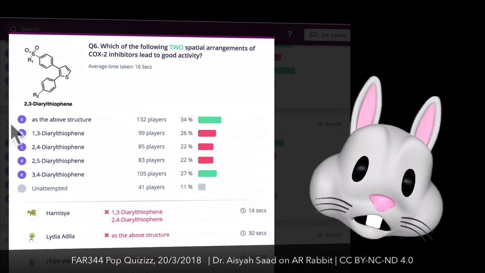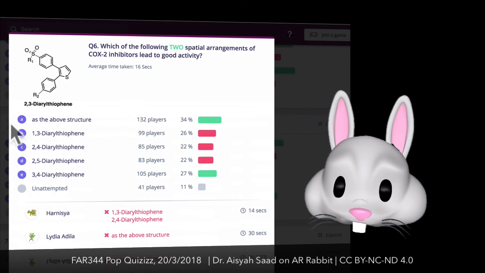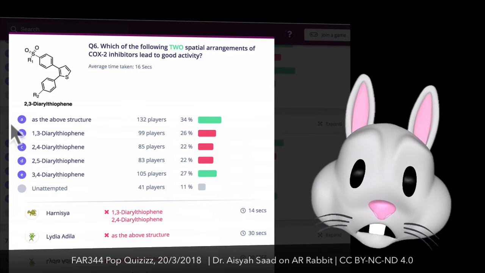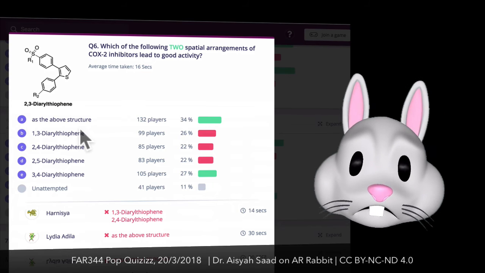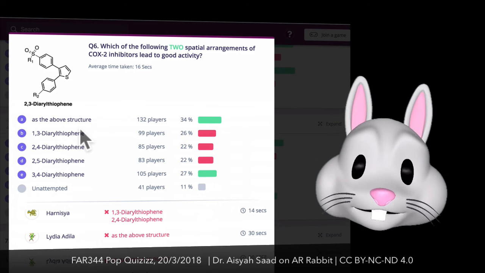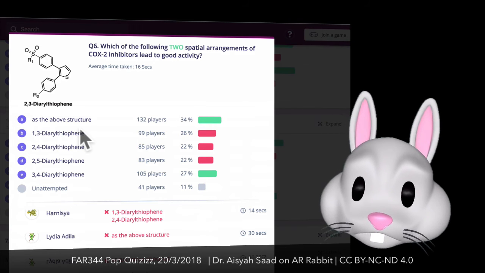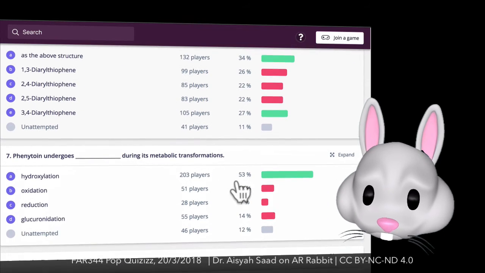The further away it is from the triangle, that is, when the triangle framework is opening up, the binding interaction is much less, because the different ends of these two are away from the binding interactions.